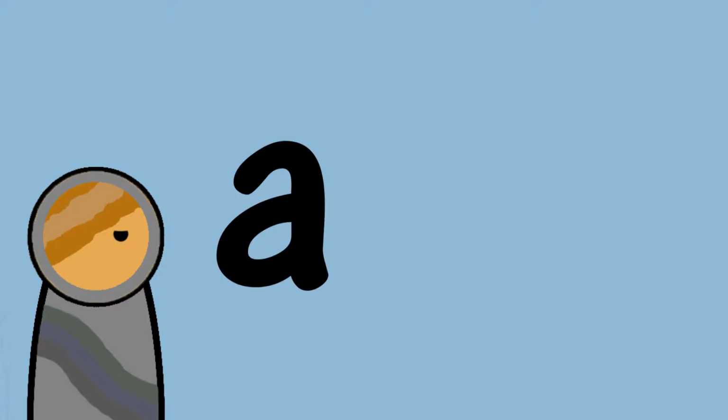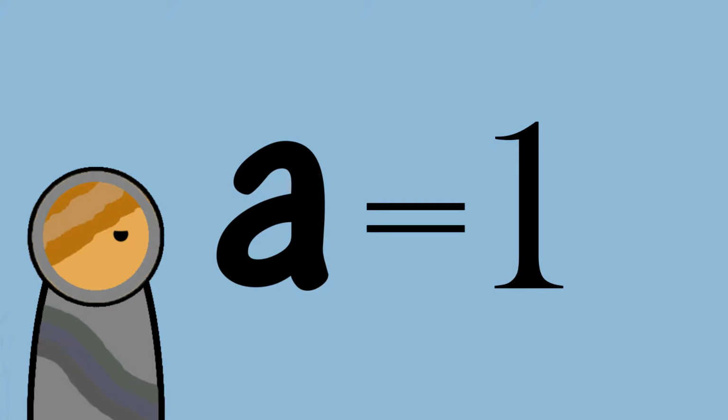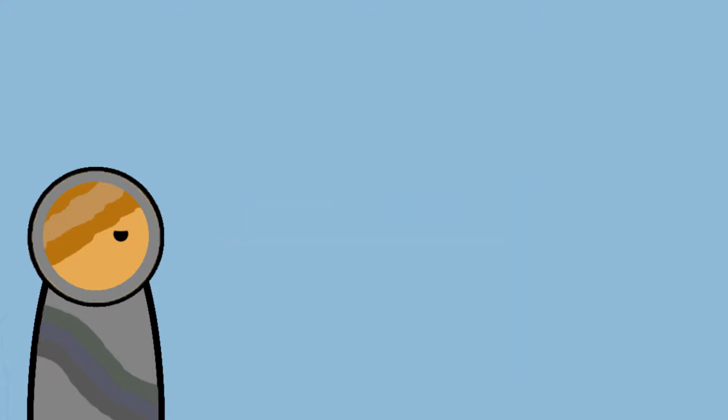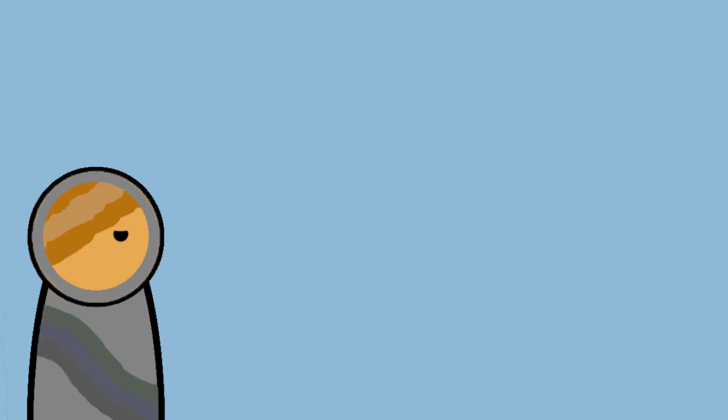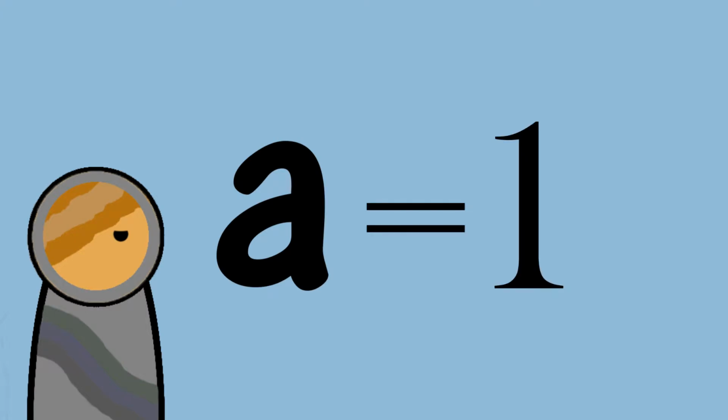When you have a equals 1 on linear, you just have an equation with a slope of 1, which means it is a straight line that goes evenly across all the boxes on the graph, going through the origin, all that stuff, if you have the base parent function with a equaling 1.